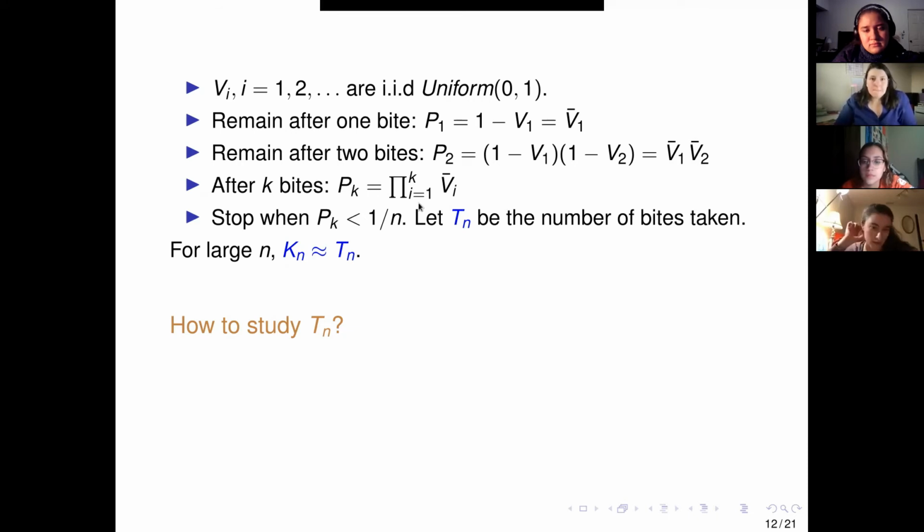I'm going to stop when Pk, the amount that remains, is less than 1 over n, because my Toblerone is of size 1 over n. If all I have left is less than 1 over n, then my discrete process has terminated, so I stop. And Tn is the number of bites taken.